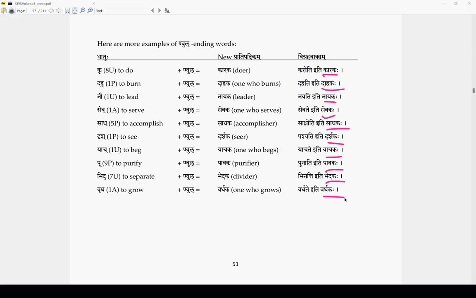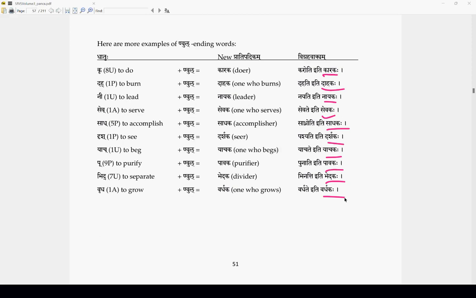One who does something is karaka. One who burns something is dahati iti dahaka. Nayati iti nayaka. Sevate iti sevaka. One who serves, etc. So those are given here, darshaka. So these are Kridanta words.